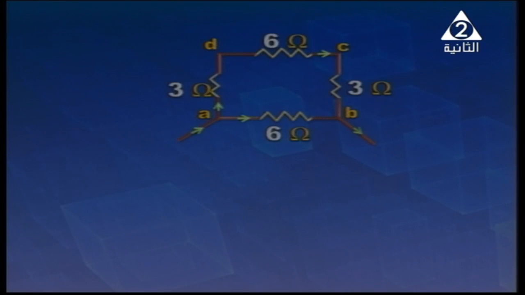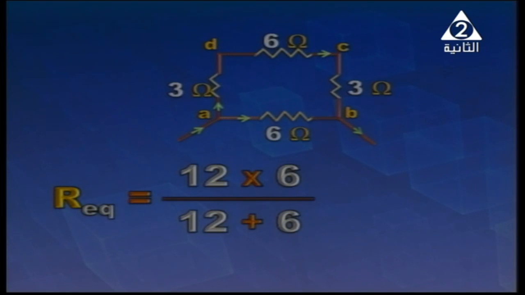And now it's all easy to calculate our total when we know from where the current enters and leaves through the group, the parallel combination. Here we've got a battery or a source applied across AB. So R equivalent is equal to 12 times 6 over 12 plus 6.